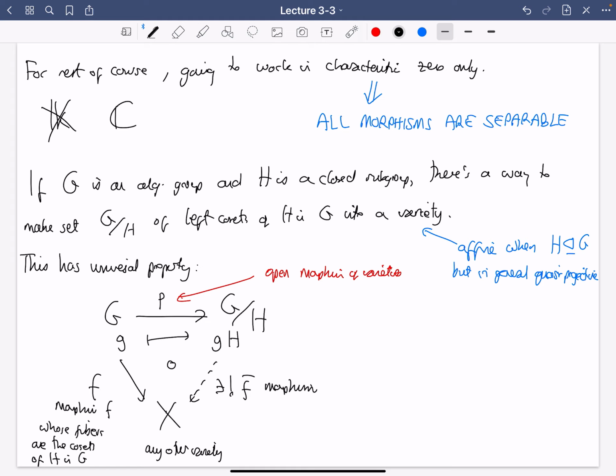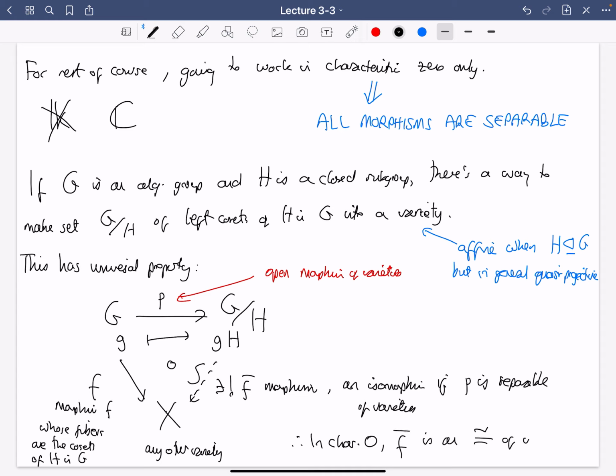So, of course, there's a unique set map F bar here, so that's a bijection. The universal property that I'm talking about says that bijection is actually a morphism of varieties, and it's an isomorphism of varieties if P is separable. So in characteristic 0, as all morphisms are separable, F bar is an isomorphism of varieties.